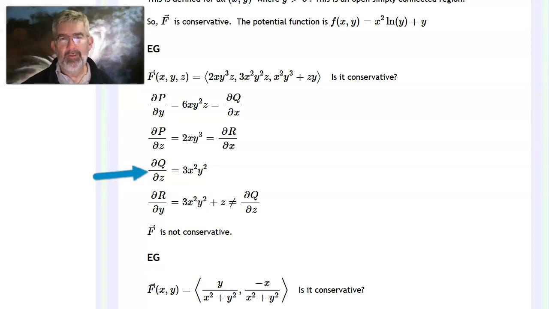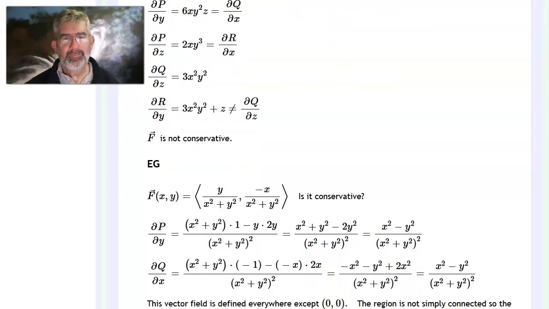And the partial of q with respect to z is 3x squared y squared, and the partial of r with respect to y is 3x squared y squared plus z. Oop, so close, but these are not equal. This is not conservative. Okay.